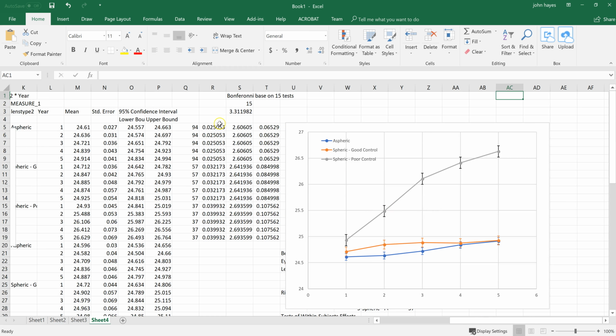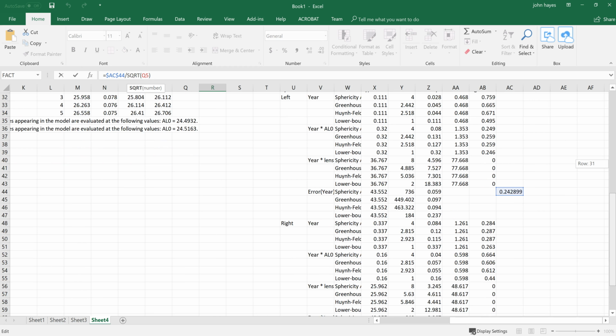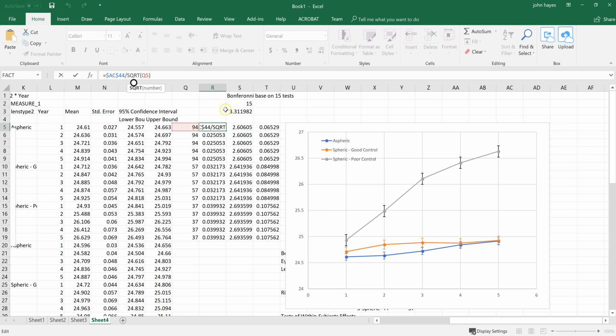And then over here, we have taken the standard deviation, and we've divided by the square root of n for the aspheric at year 1, 2, 3, 4, and 5. Notice those are the same. And then we have 57 subjects in spherical good and 37 in spherical bad, and we get those numbers.